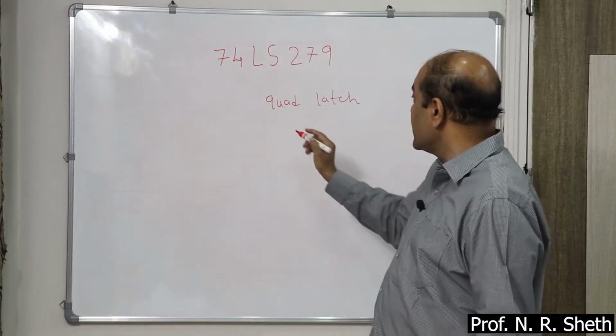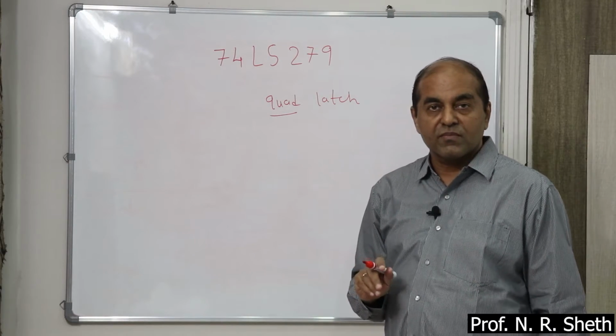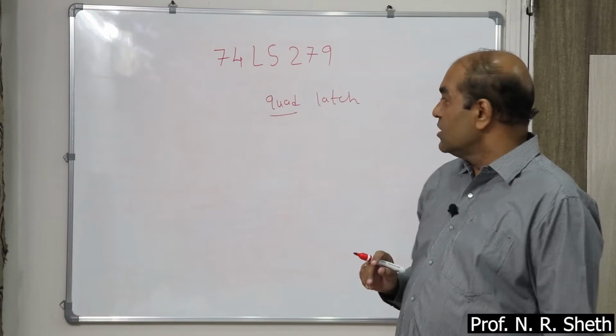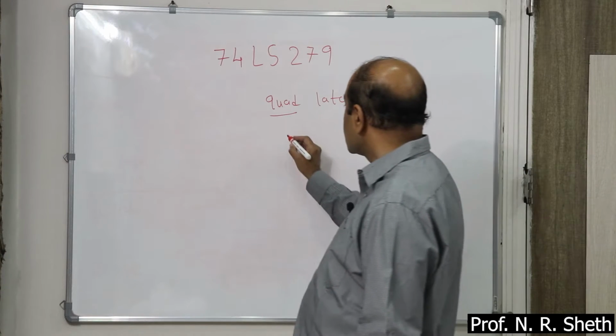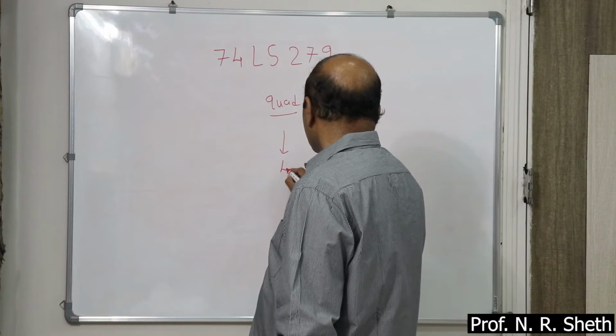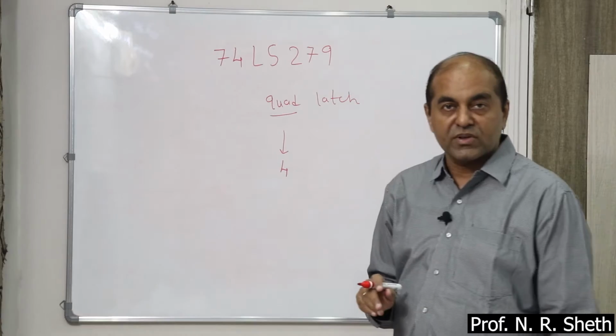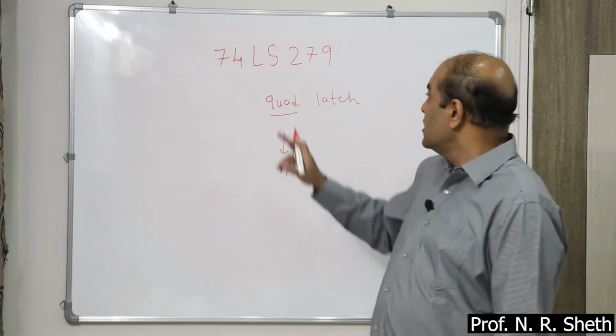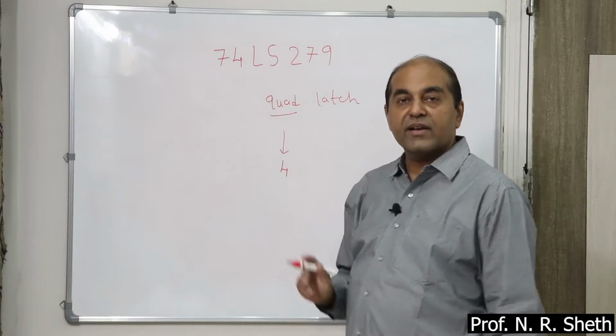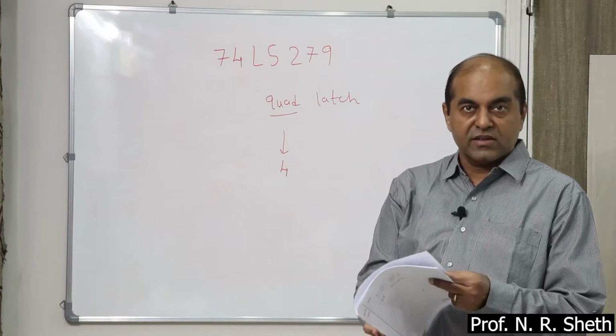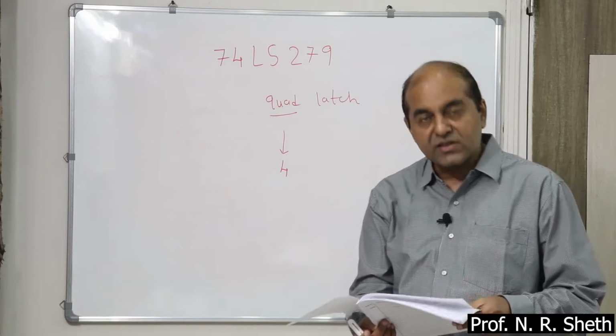Then what is the meaning of quad in this one? The quad means there are 4 flip-flops inside this one. 74 indicates it is a TTL IC. It is a series name, that is a TTL IC.